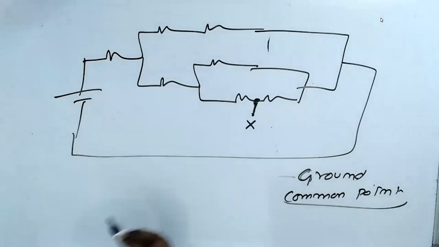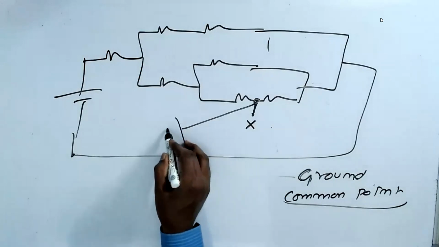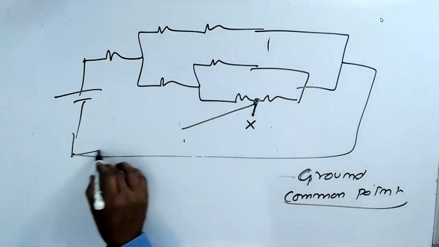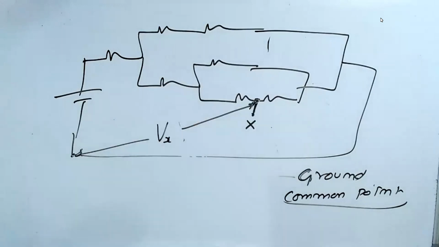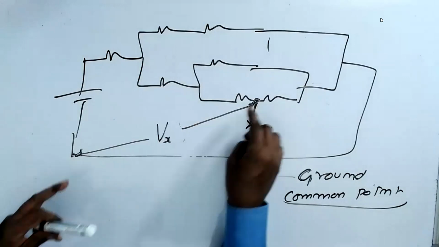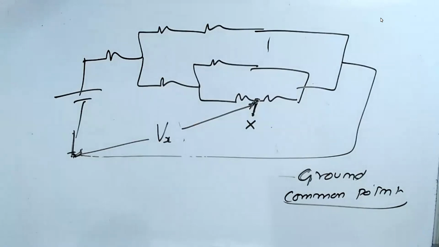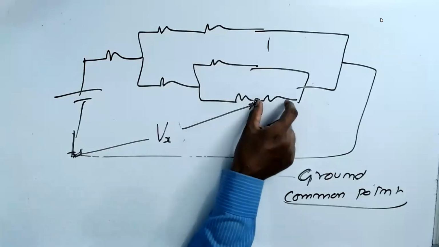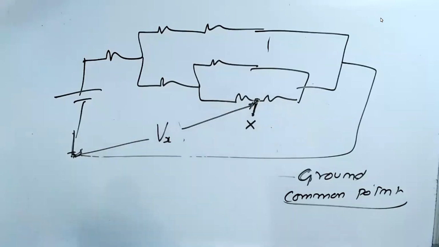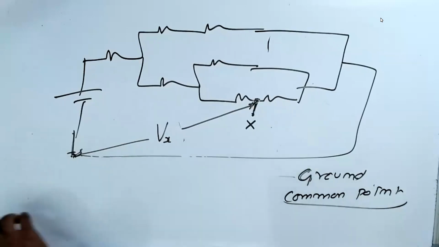That means the voltage is between this point and the common point. This is called Vx. So it's not between these two resistors. When I mention one point voltage, the other point is always the ground or common point.